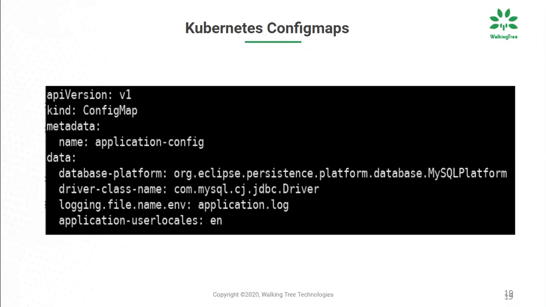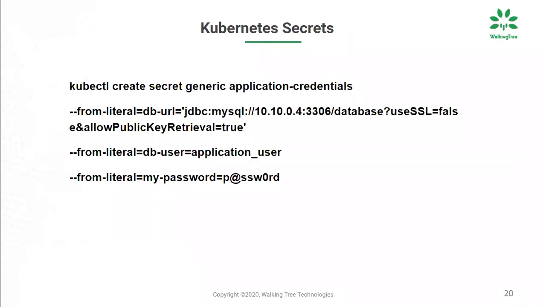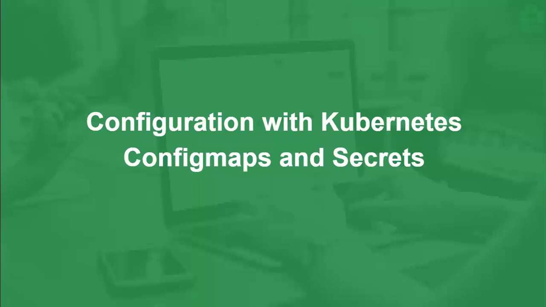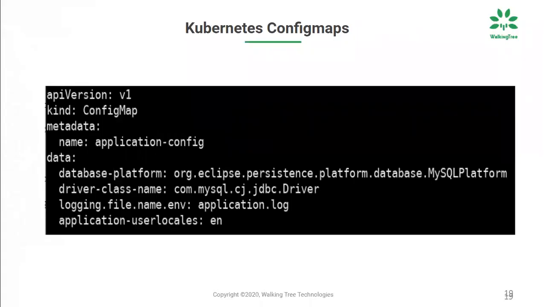If you maintain these values as your config map or as your secret, as you see here, these are config maps. I can use the same config map in 10 or in 20 deployment manifests. And if at all some change is required, I'll just go here and make that change and do the redeployment.